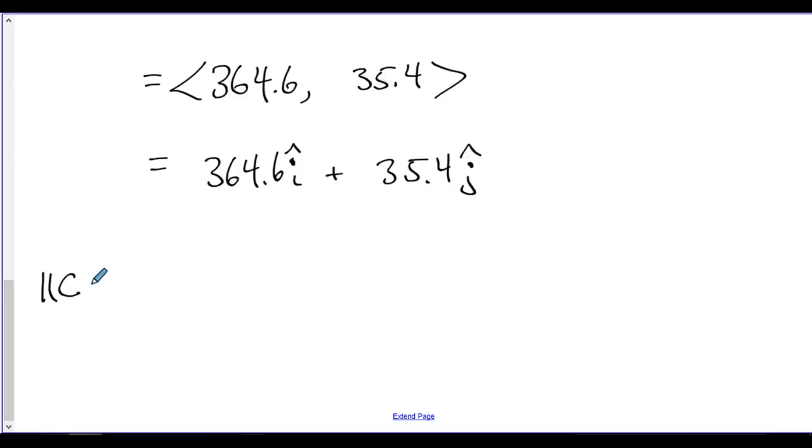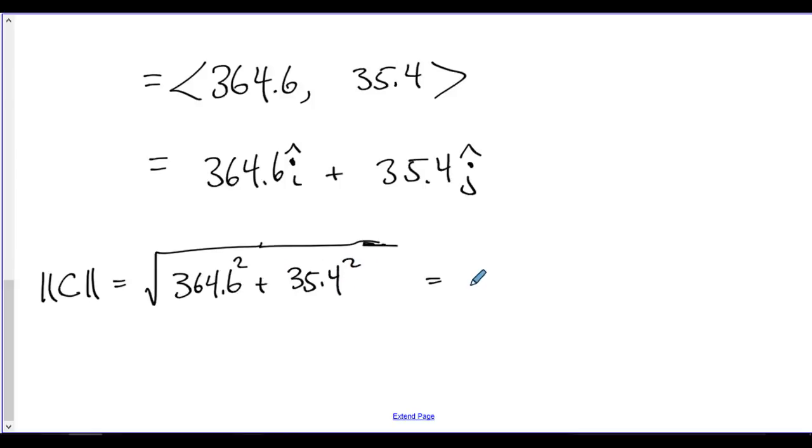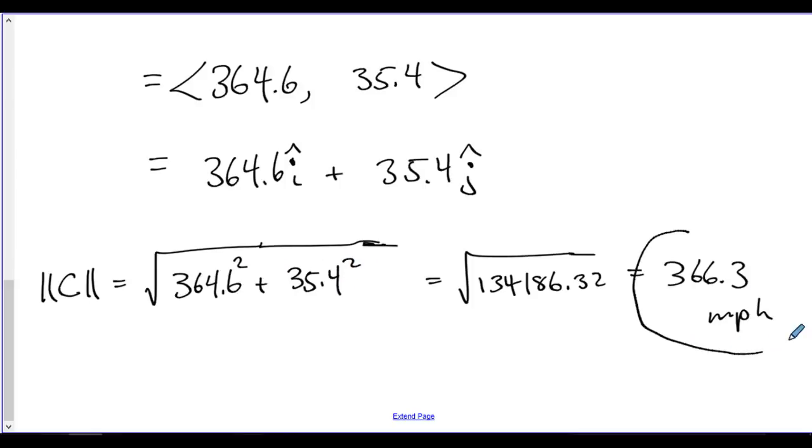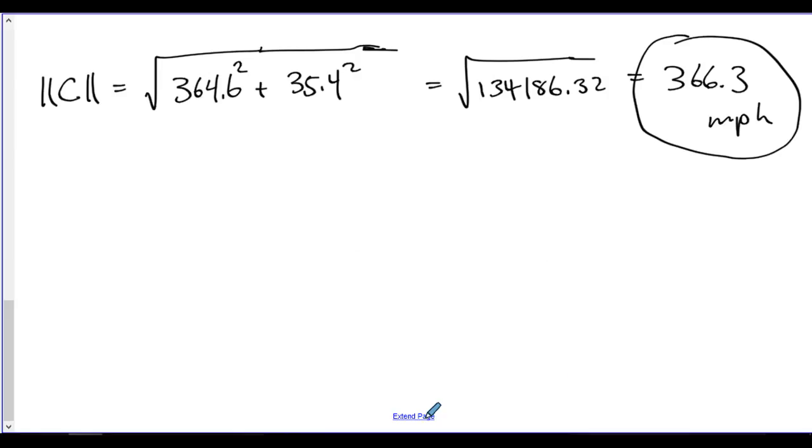Well, the thing that I could do at this point is figure out the magnitude of that corrected velocity, which is in fact the speed, being the magnitude of the velocity. So it's the square root of that 364.6 squared plus 35.4 squared. So this is the speed. And the other part would be the angle from north.